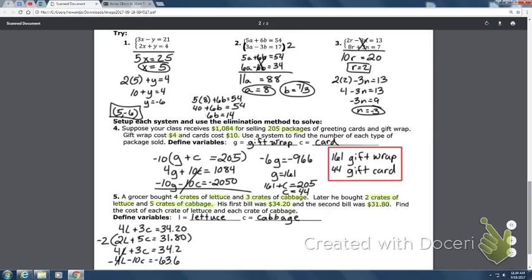So my L's cancel. I end up with negative 7C equals, let's see, negative 29.4. And that tells me that every crate of cabbage came out to $4.20. And then I would need to plug that in for C in either equation. It does not matter which.